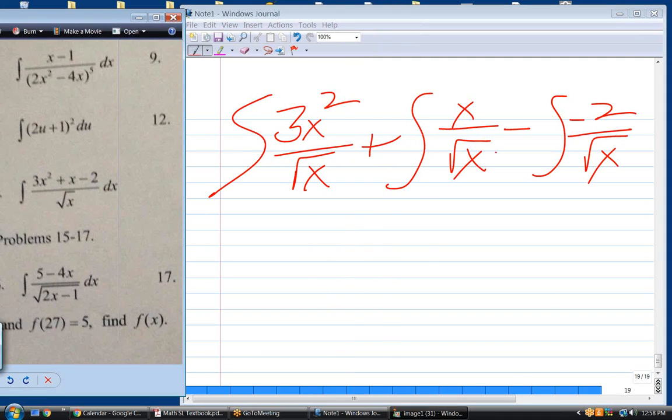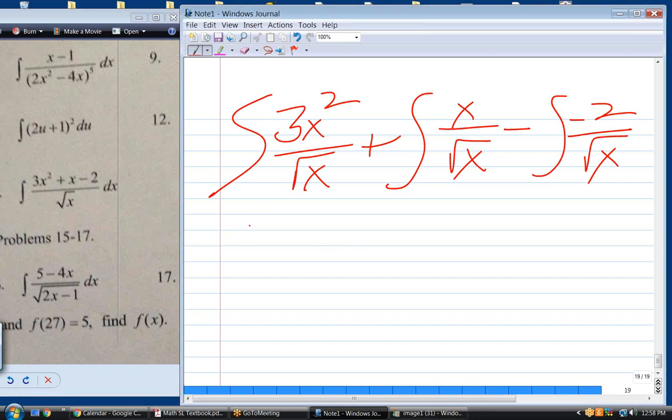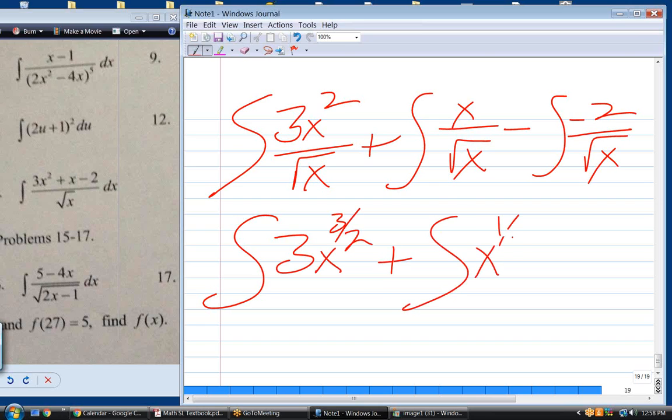In other words, whenever you can break it down, well, now notice what we have. We have the integral. Well, what's 3x squared divided by x to the 1/2? It's 3x to the 3/2 plus this is x to the 1/2 minus this is minus 2x to the minus 1/2.